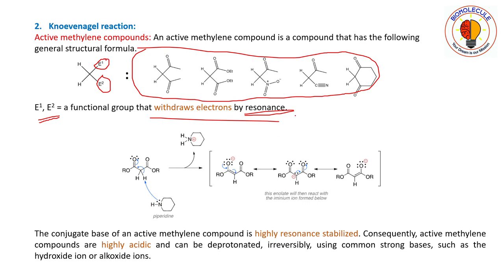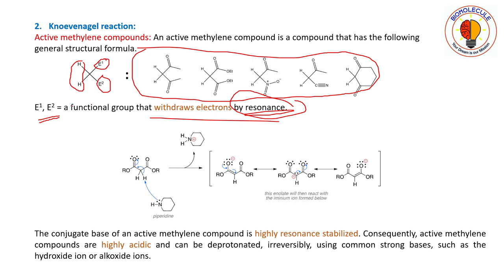See here, the electron withdrawing group must withdraw electrons through resonance, only through resonance. If it is through inductive effect, then the methylene protons are not that much acidic.